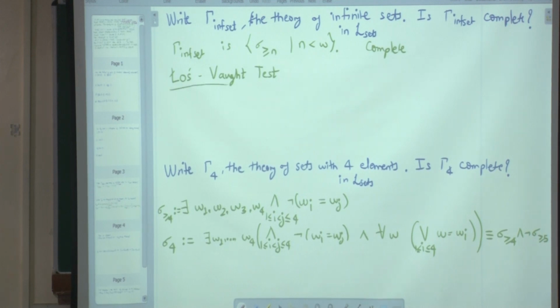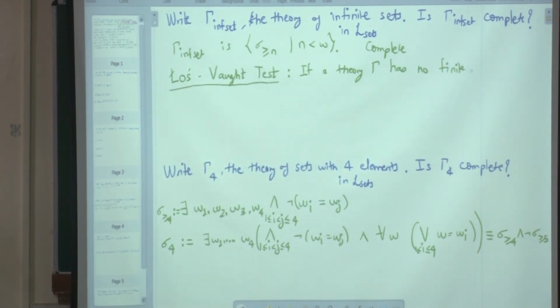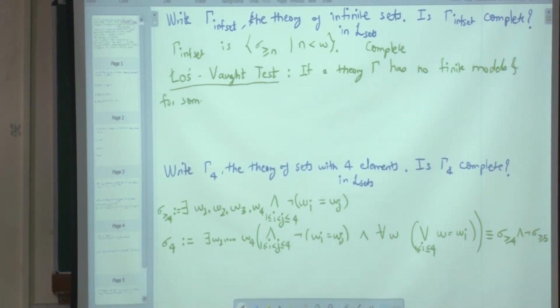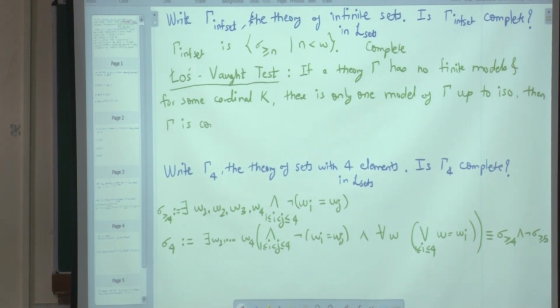It says this: if a theory gamma has no finite models and for some infinite cardinal kappa there is only one model of gamma up to isomorphism, then gamma is complete.